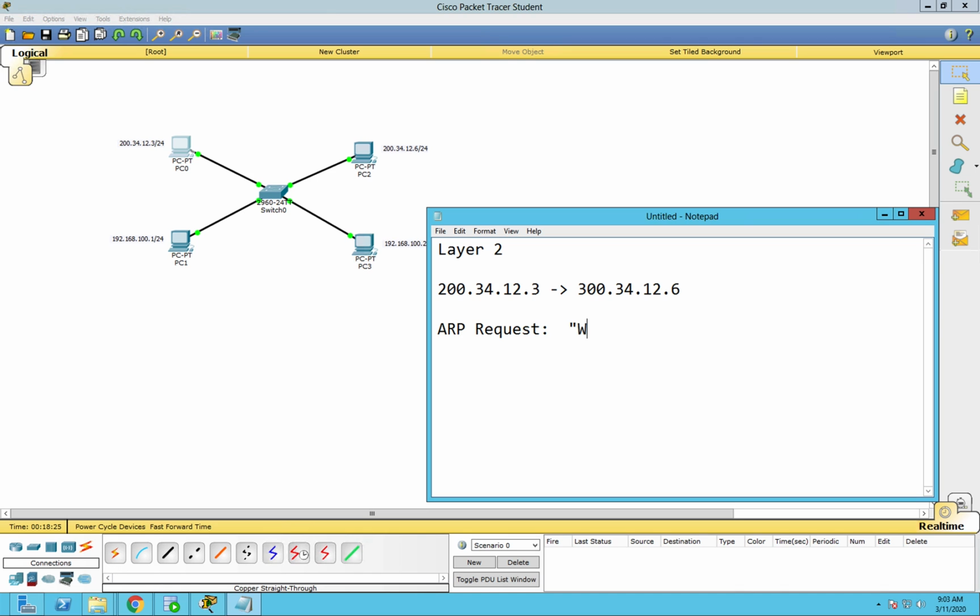It'll say, who has 200, sorry about that, I put in the wrong number, who has 200.34.12.6, and that will end up being broadcast to all people on the switch. So who will get that? Well, everybody will get that, including the real 234.12.6.